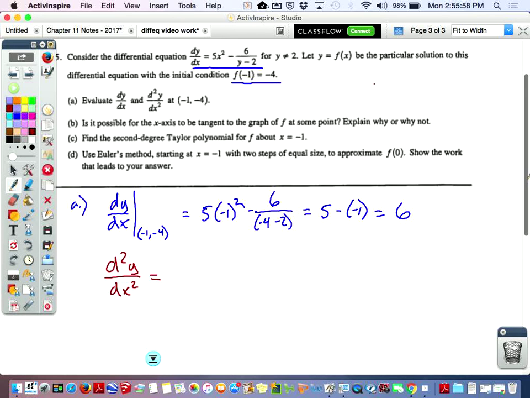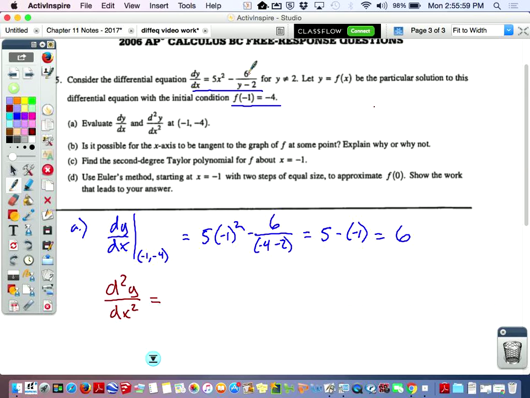But first, I want to go back up to the way this is written, and I'm going to rewrite it to make that differentiation a little bit easier. So dy/dx is 5x squared, but now I'm going to write this denominator in the numerator. So we're going to get minus 6 times (y minus 2) to the negative first power. And that's just going to help us with using the power rule for that.